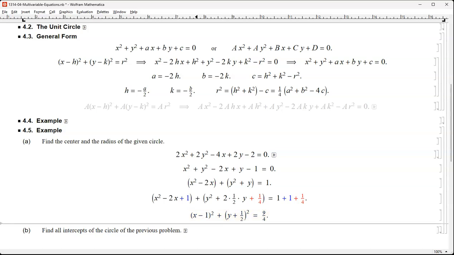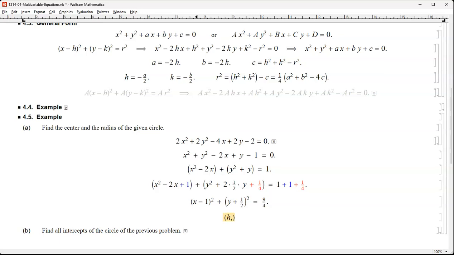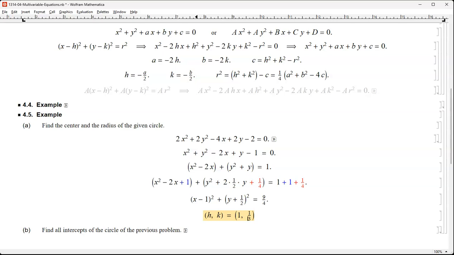Alright, good. Center is (1, -1/2). Radius is the square root of this.